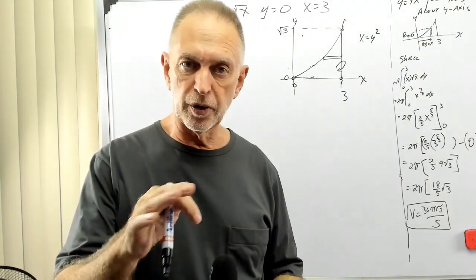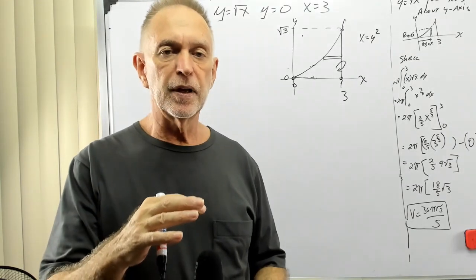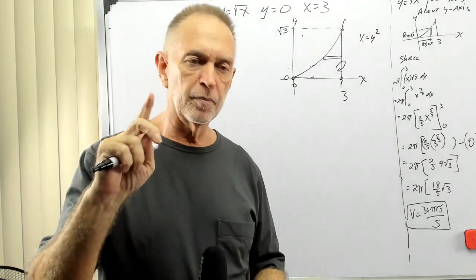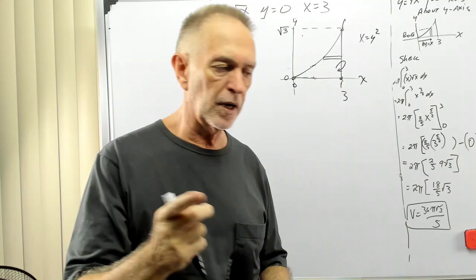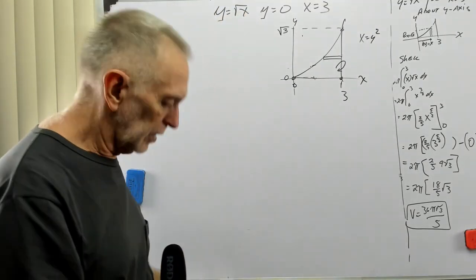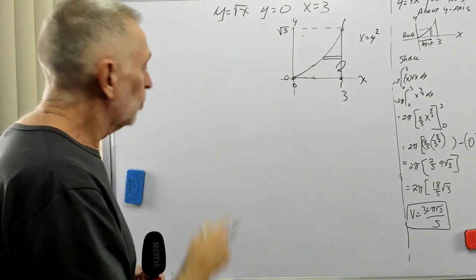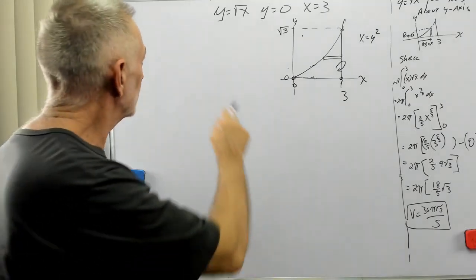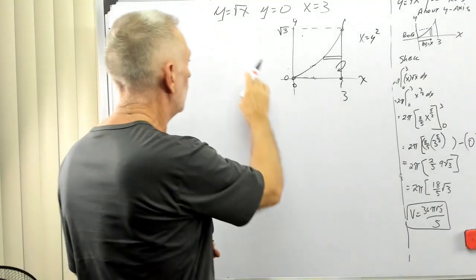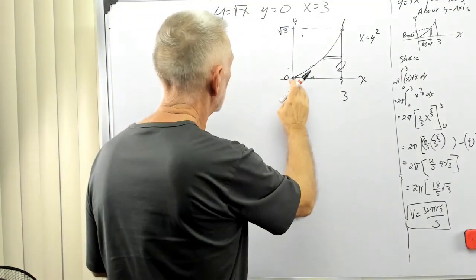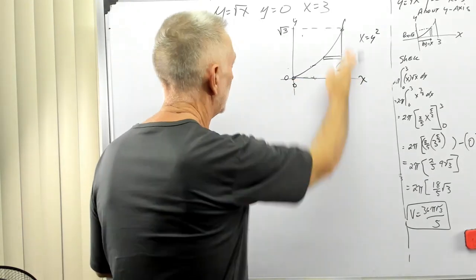This is part 3, or part C, of finding the volume by a revolution of an area. We still have the same three lines: y equals square root of x, y equals 0, and x equals 3.